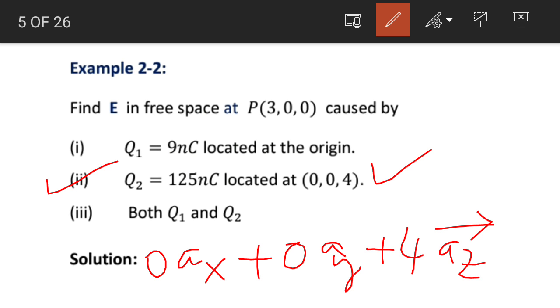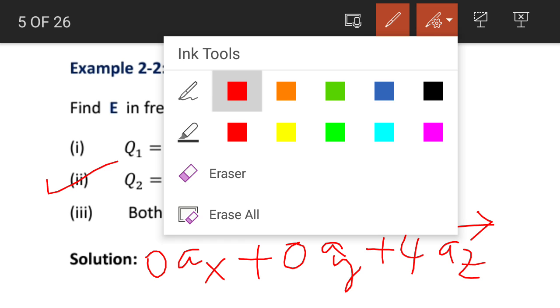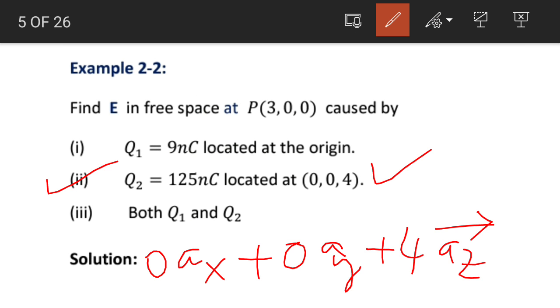This is the position vector of the source of part number 2, and this position vector will be represented by R2 because this is the position vector of the source.